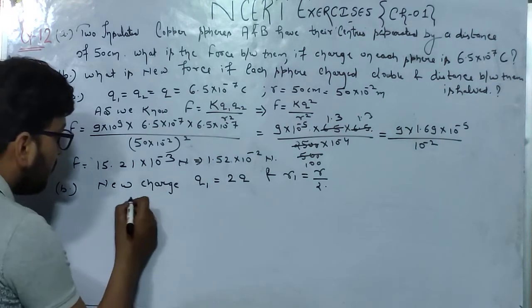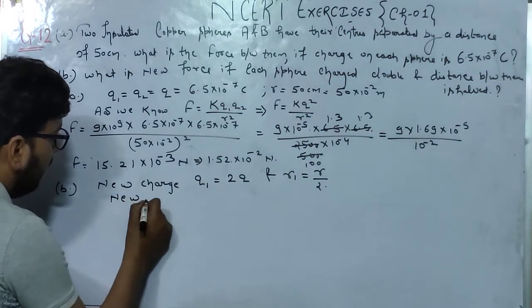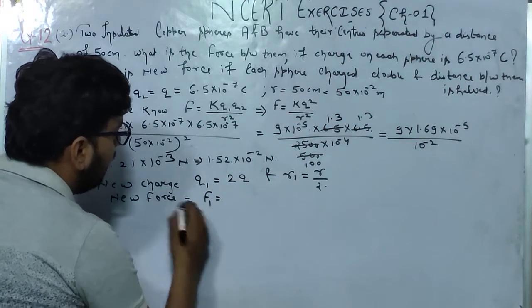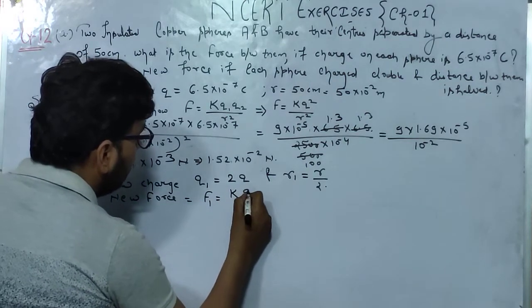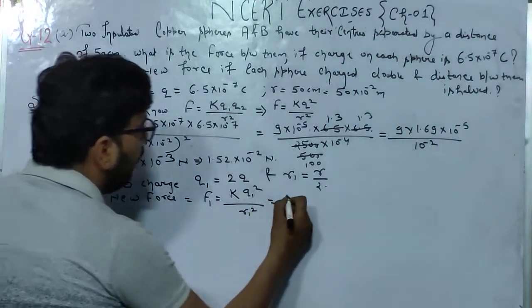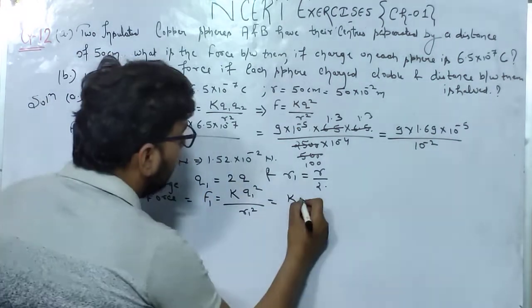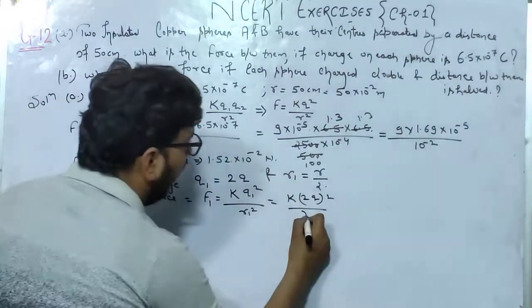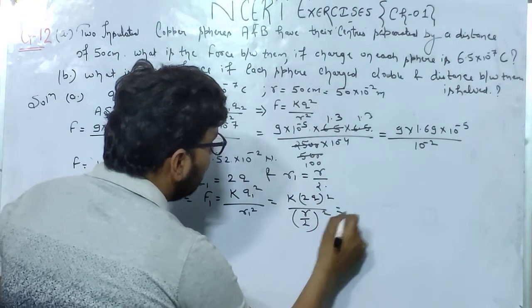Now the new force between them will be F1 equal to K Q1 square divided by R1 square, and Q1 is 2Q, so (2Q) square divided by R1, which is (R by 2) whole square.